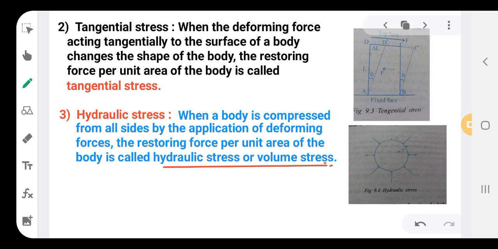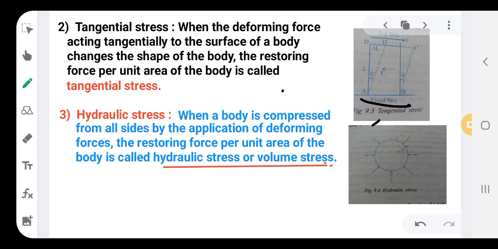The second one is the tangential stress. When the deforming force acts tangentially to the surface of the body and changes the shape of the body, the restoring force per unit area of the body is called tangential stress. You can see in the figure here, the lower part of the body is fixed.